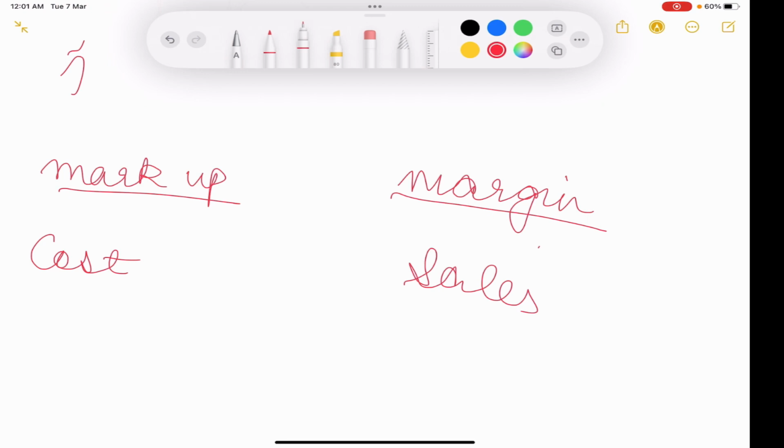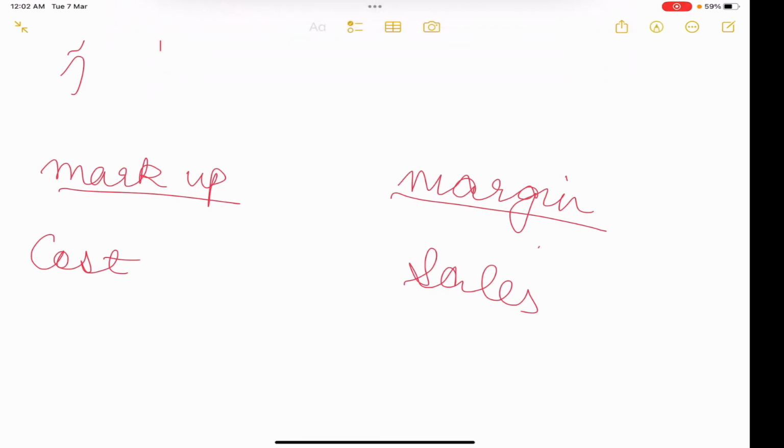Margin is always on sales. Take a moment and write this down, and then we'll be starting with the questions. Okay, I hope you've written this down.